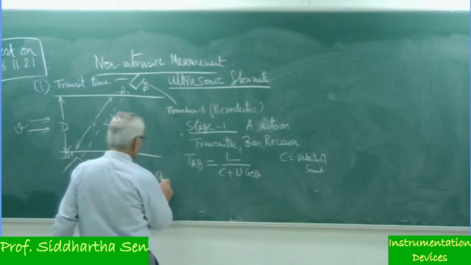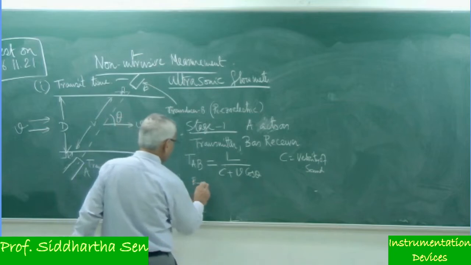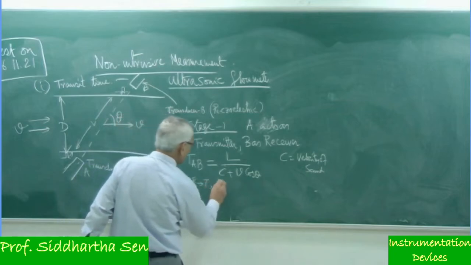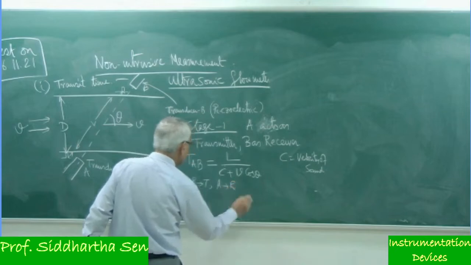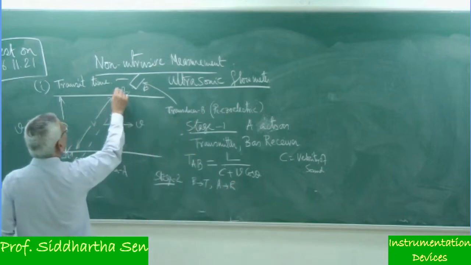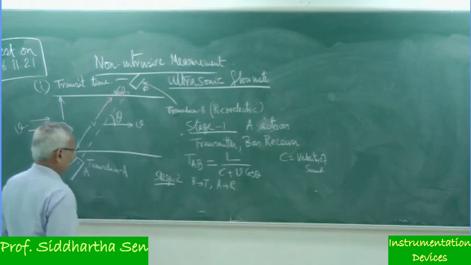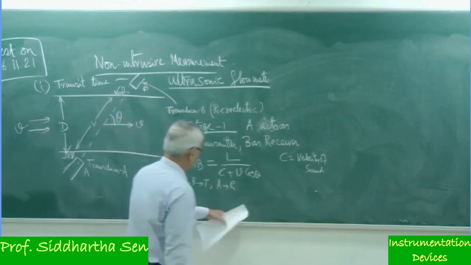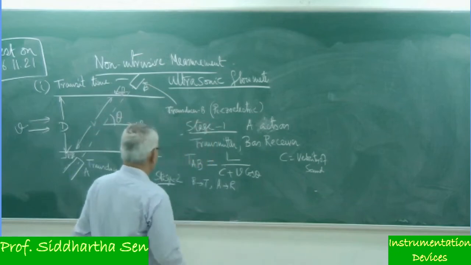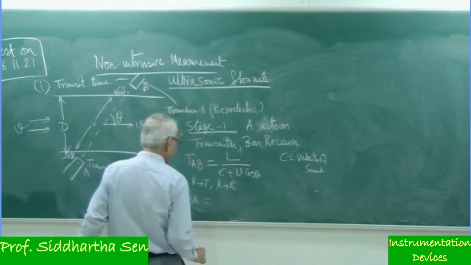Similarly, in stage 2, B acts as transmitter and A acts as receiver. In that case, we send another pulse from here and we receive the pulse at this point here. And I have a very precise clock. And what is the T_BA?